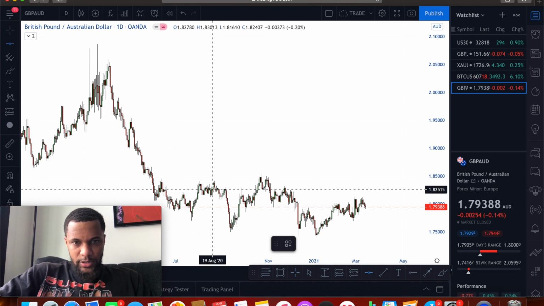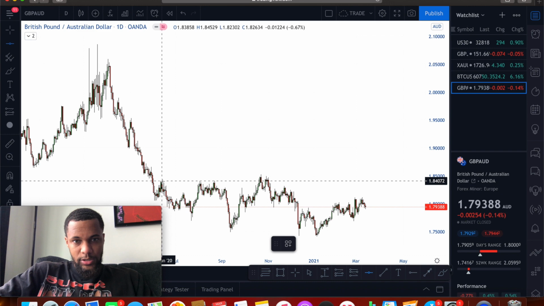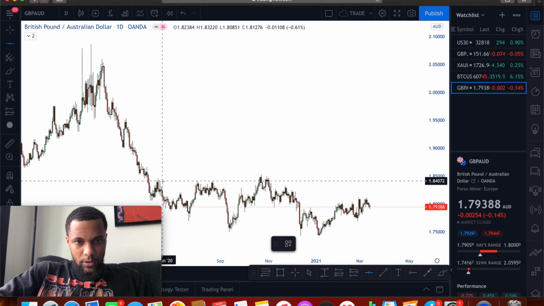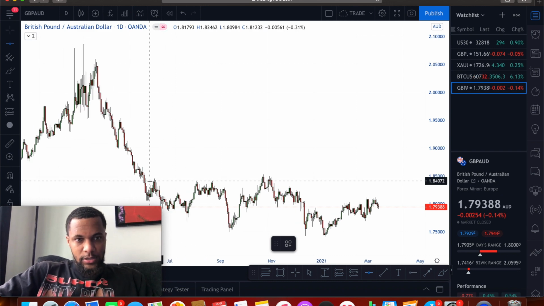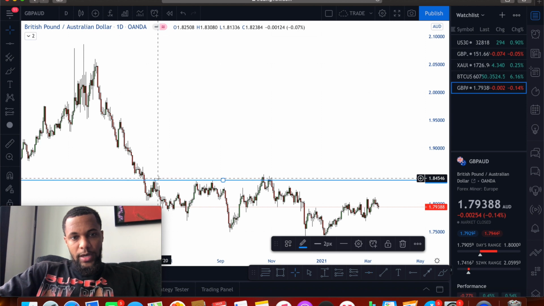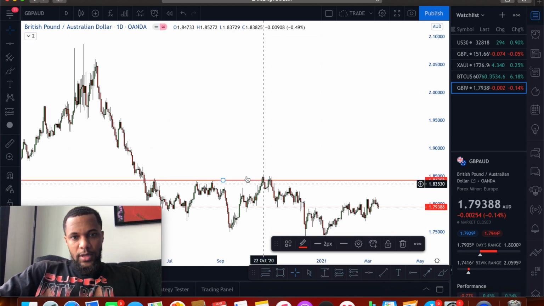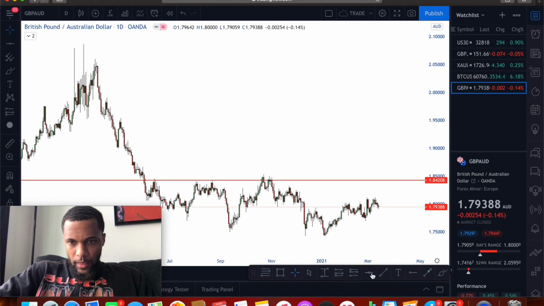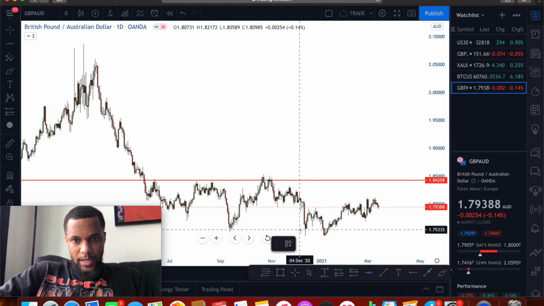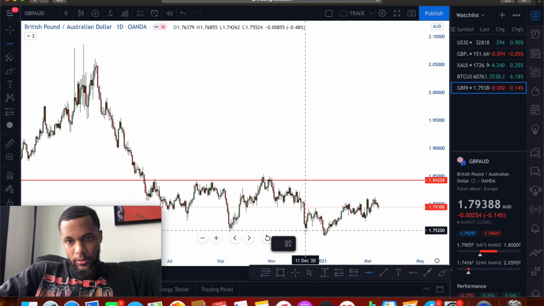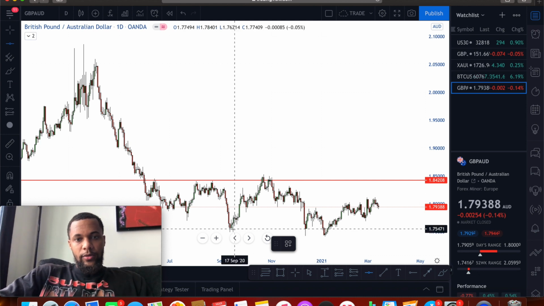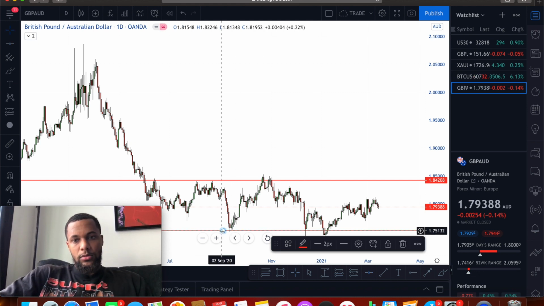I notice there's this area where price is just not breaking above. So 9 times out of 10, that's gonna be your resistance, right? So let me draw a little line there, right? And then boom, also I see this area where price is just like refusing to break below, right?